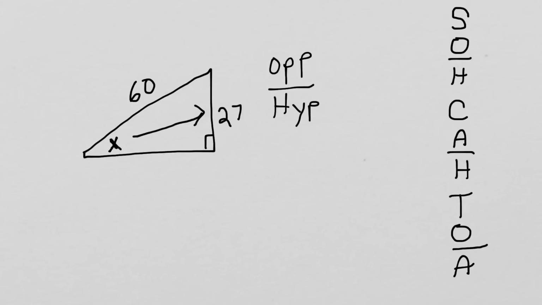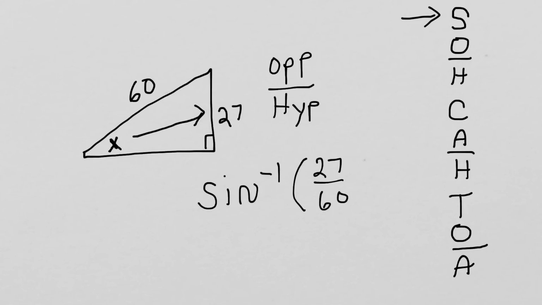The identity we want to use is sine. So to find the angle, we're going to use arc sine of 27 over 60. We'll put that in our calculator: 27 divided by 60 equals 0.45.